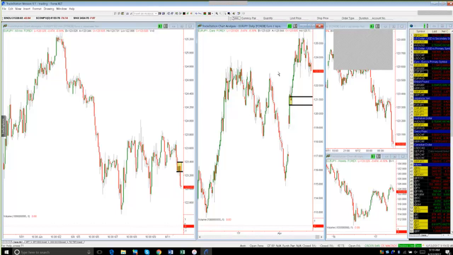And there's that one. There's the demand zone below, there's the supply zone above. Okay, and it's totally fine to do that. These are larger time frames.